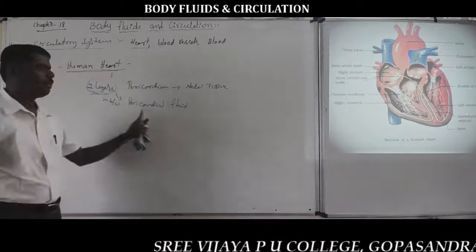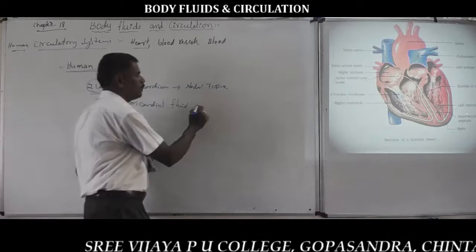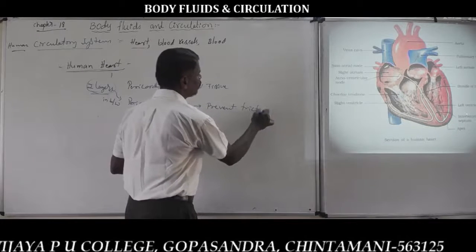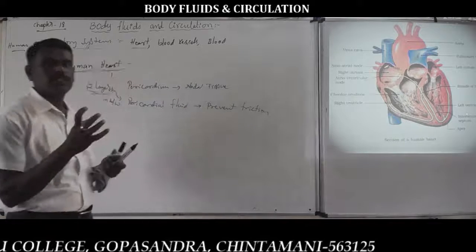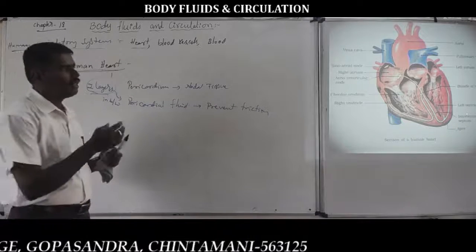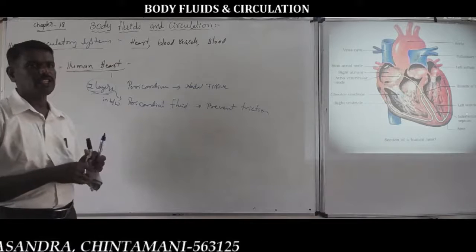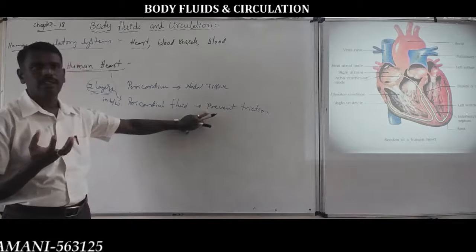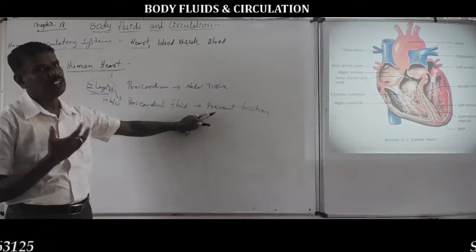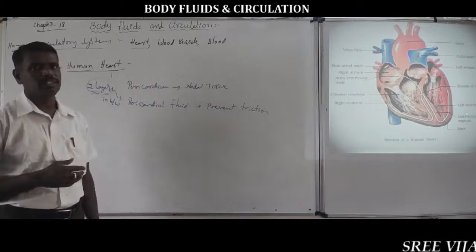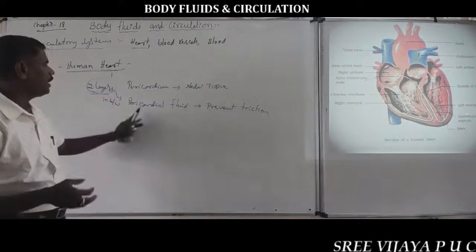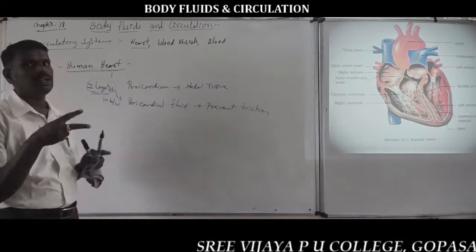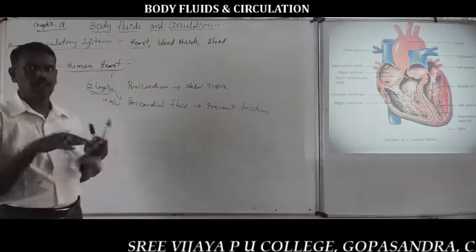It helps to prevent friction. Because of the continuous pumping of blood by the atria and ventricles, their muscles produce heat. So the friction is prevented by the presence of pericardial fluid between the two layers of pericardium around the heart.